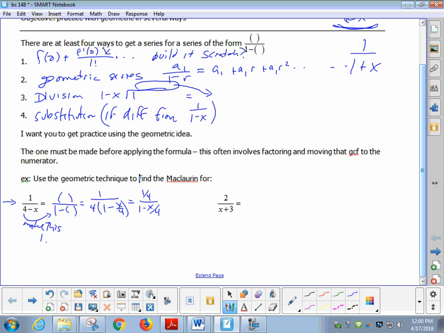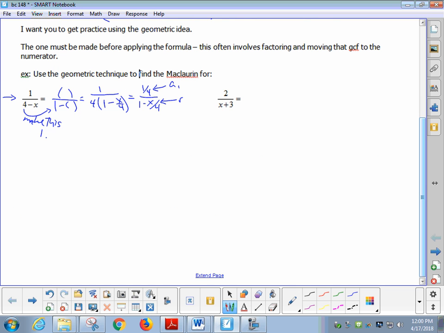That said, this is the geometric series with an a1 of 1/4 and a common ratio of x over 4. Each time I get a new term in the series, I get it by multiplying by the common ratio. So when I multiply 1/4 by x over 4, I get x over 4 squared, or 16.